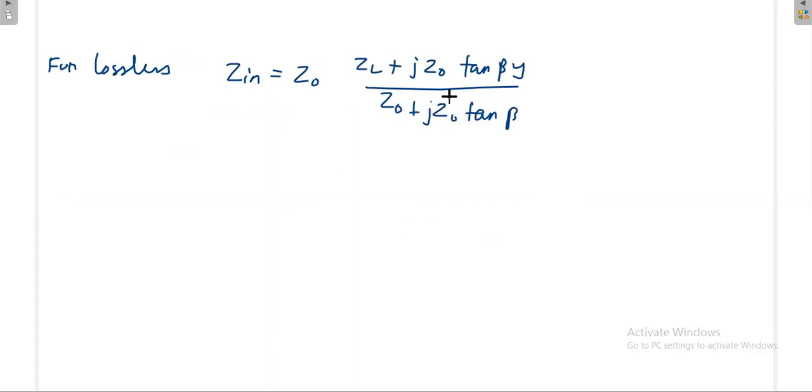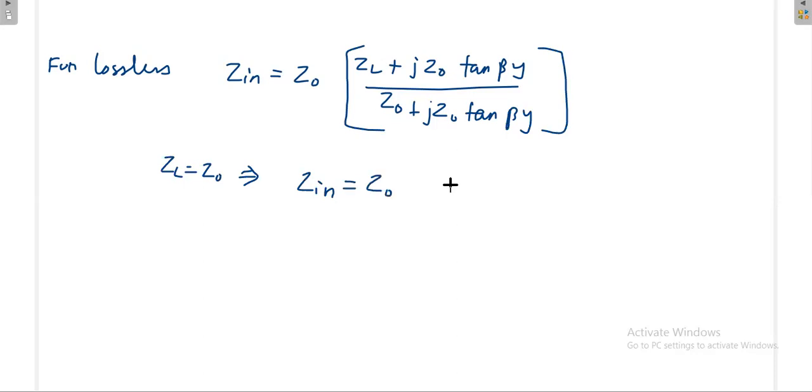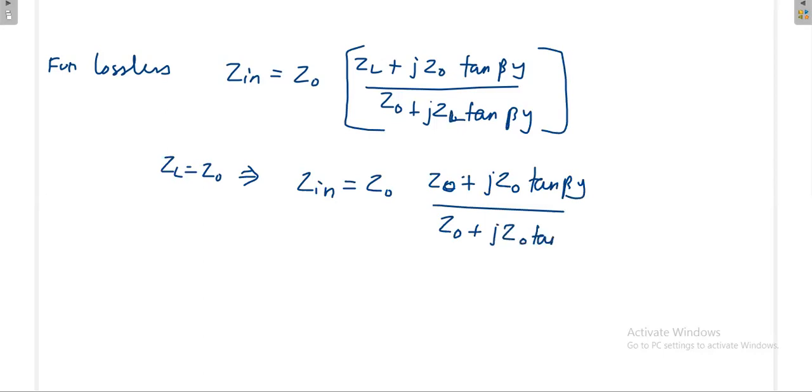Once you substitute ZL equal to Z naught here, then Z in is again Z naught plus J Z naught tan beta Y, divided by Z naught plus J Z naught tan beta Y. Both the numerator and denominator are the same, so Z in is equal to Z naught.